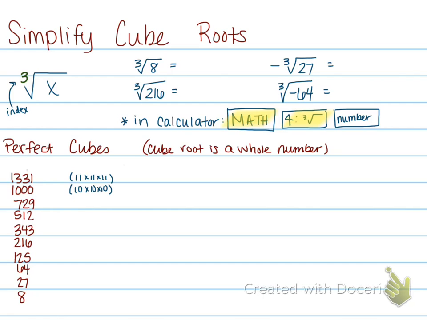Select that. Then type in your number and hit Enter. You need to remember where this button is. Math, 4th button down, enter your number, and hit Enter to find the answer. Please calculate the 4 cube roots listed in the top right corner.